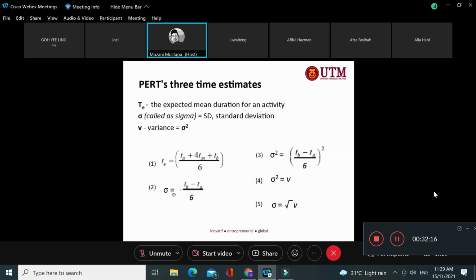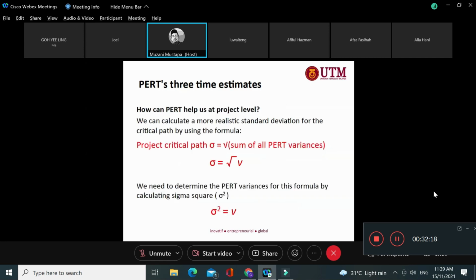Okay, right. So how can PERT help us at project level? So like I said, you understand the PERT punya equation, and then what to do next. So means PERT ni, remember just now, PERT give you 3 time estimate. At the end, lepas 3 time estimate, they give you equation.